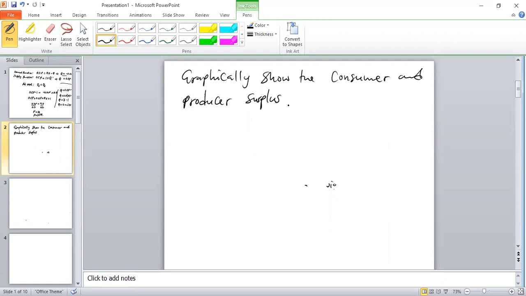Illustrate graphically. So the question that follows is illustrate graphically the consumer and the producer surplus at equilibrium.